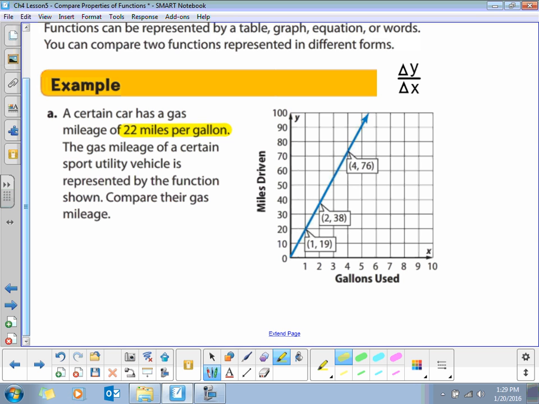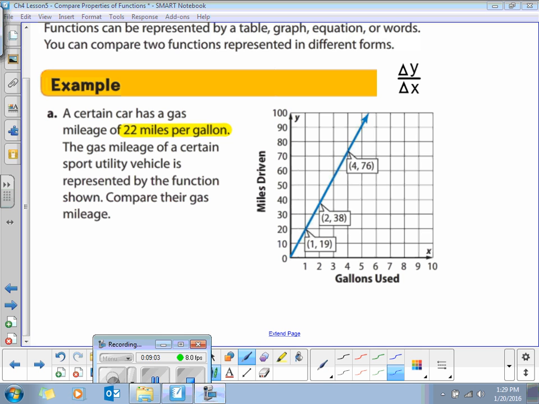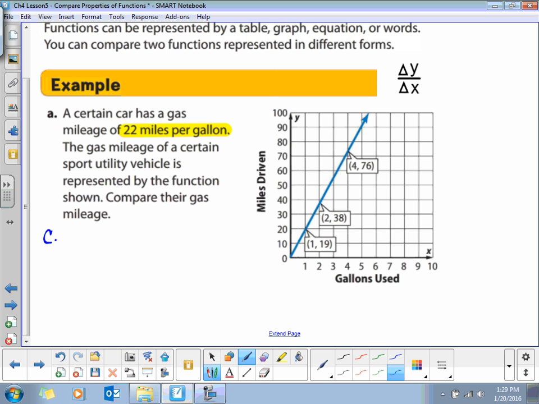So, this says 22 miles per gallon, right? So, car number 1, we'll call this car number 1, is 22 miles per gallon. So, it's 22 miles over 1 gallon. That is the rate of change, right?